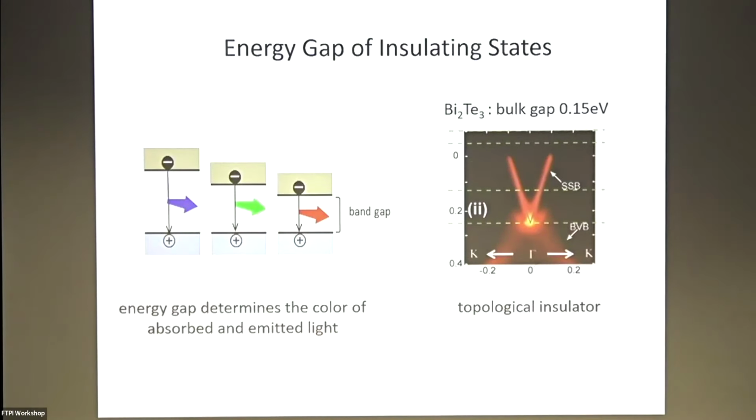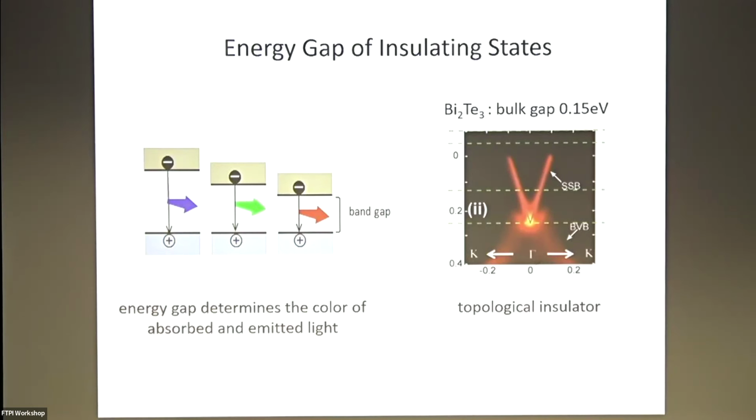So we know that the energy gap is a basic property of insulating states. For example, it determines the electrical conductivity of a semiconductor at a finite temperature. It also determines the color of absorbed and emitted light, and that's how LED works. To get light of different color, one needs to choose materials with different band gaps.